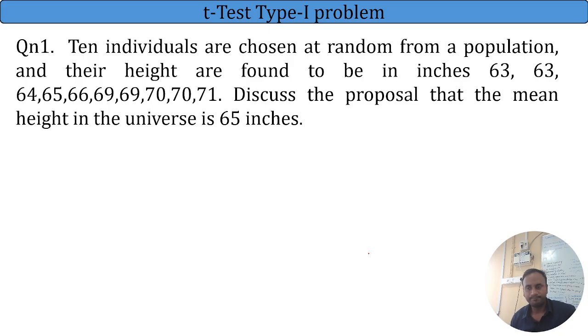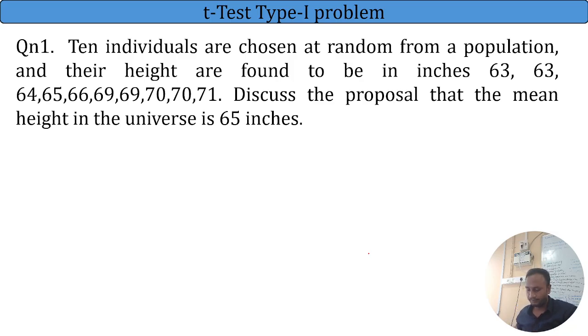So first step, what will be there? Because the number of samples is less than 30, it's a small sample. And one more thing, we are going to assume the data is normally distributed. Then we move forward to the second step, that is the hypothesis.